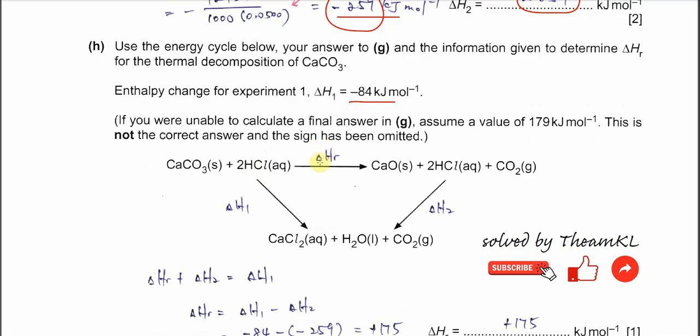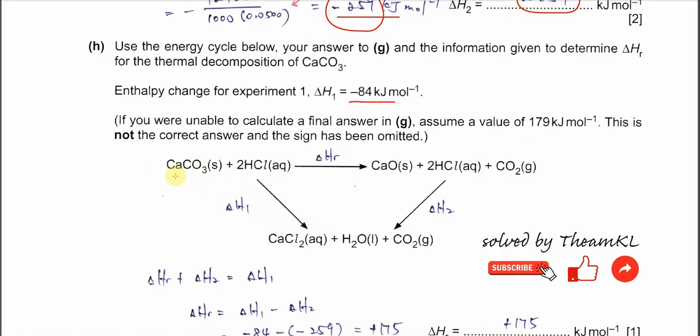How do we know this is delta HR? You try to see, we just cut these two. It's actually calcium carbonate from calcium oxide and CO2. So this is the delta HR. In order to get this delta HR, we need to use the two enthalpies from the two experiments. So go in this direction.